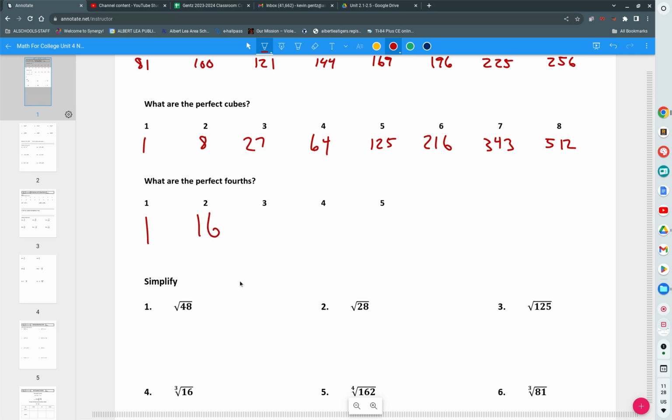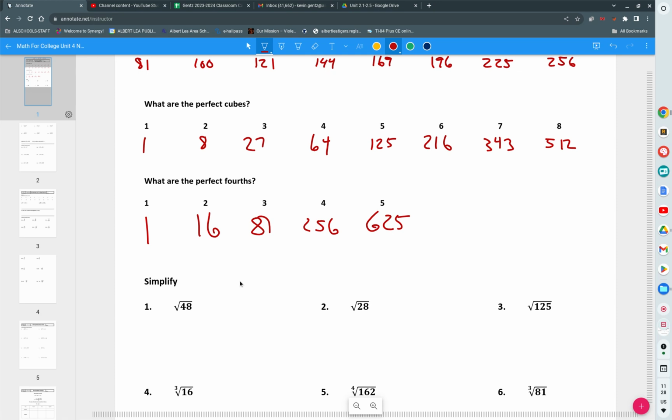So 16 is a perfect fourth. 3 times 3 is 9, times 3 more is 27, and then times 3 more is 81. 4 times 4 is 16, times 4 more is 64, times 4 more is 256, and 5 times 5 times 5 times 5 is 625.